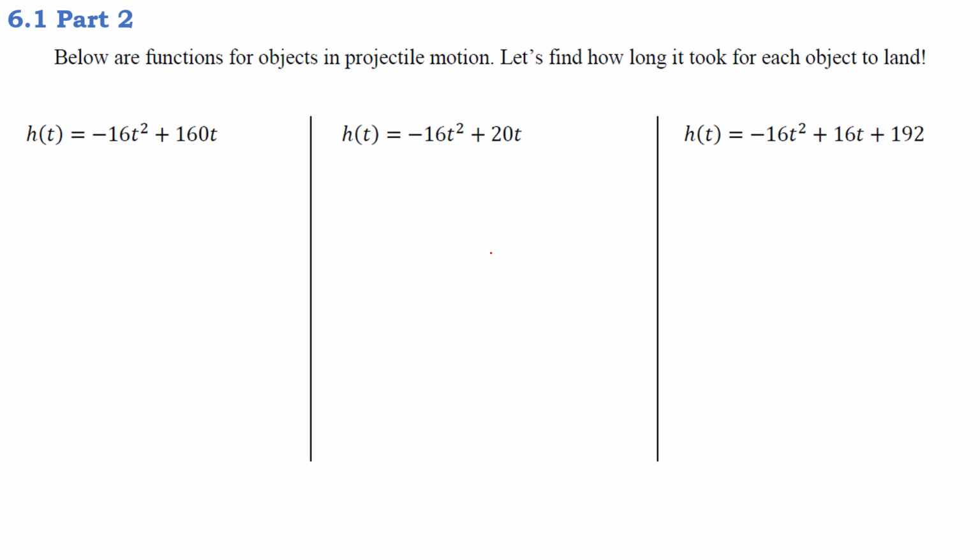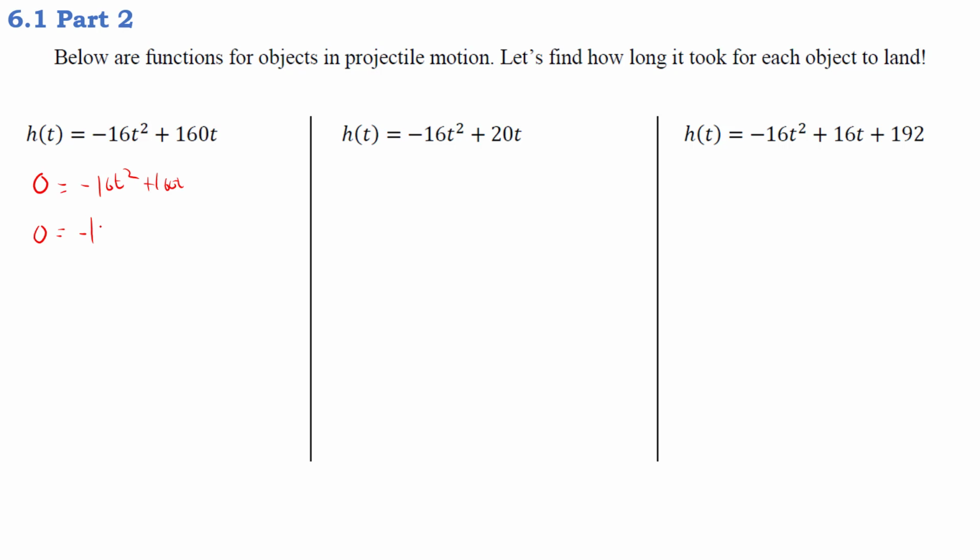Working through these, we're simply saying you've got your 0 equals negative 16t squared plus 160t. Now I can see that there's a 16 and a negative 16, as well as a t that can factor out of this.